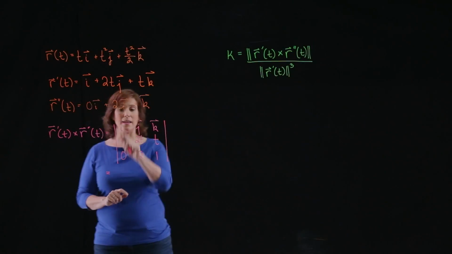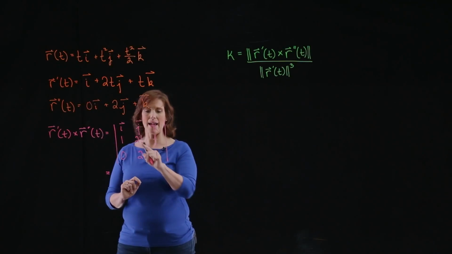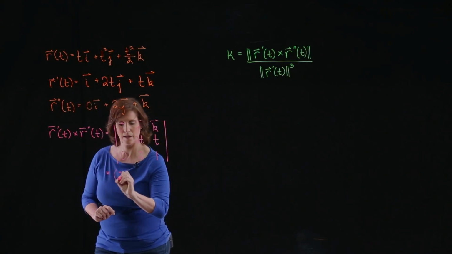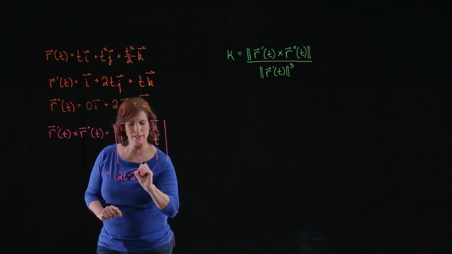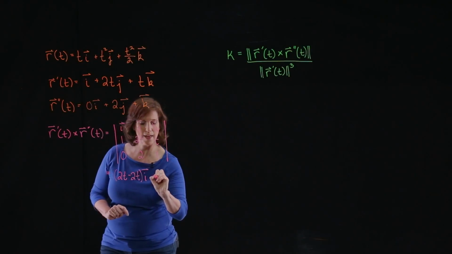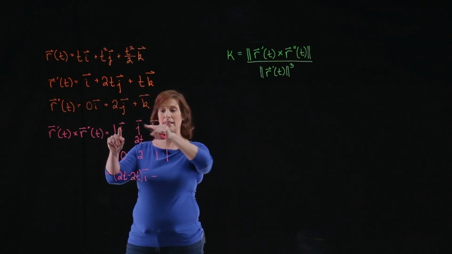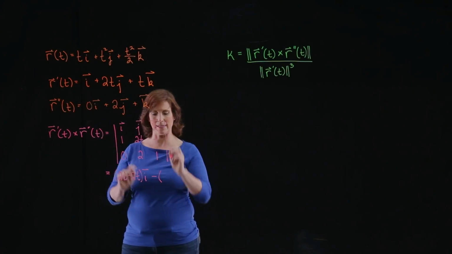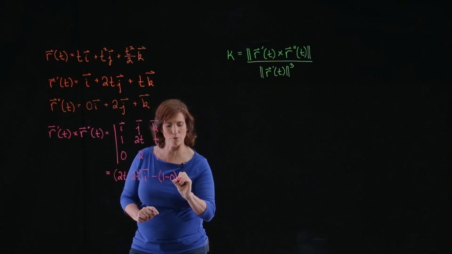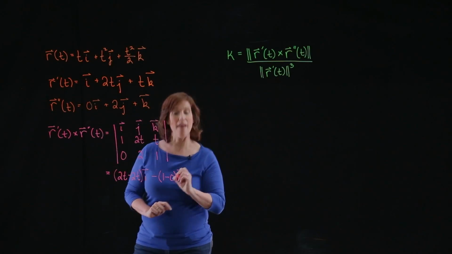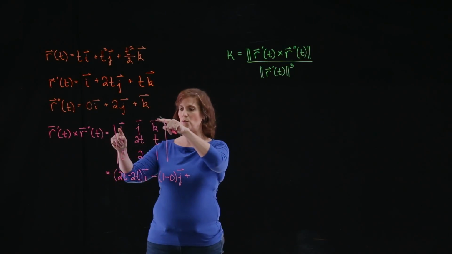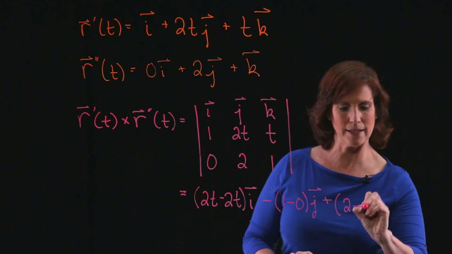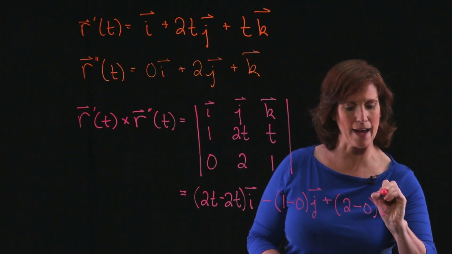Okay, so I begin by canceling out the column and the row with the i, and I'll have 2t minus 2t times my vector i. Then I'll subtract what happens when I eliminate the row and the column with j, and so that will be 1 minus 0, and that will be times vector j. And then I'll add in what happens when I eliminate the row and column with vector k and take that determinant. So that will be 2 minus 0 times my vector k.